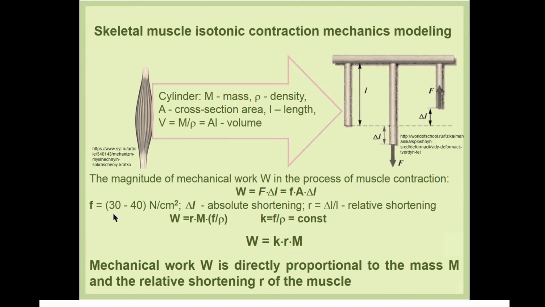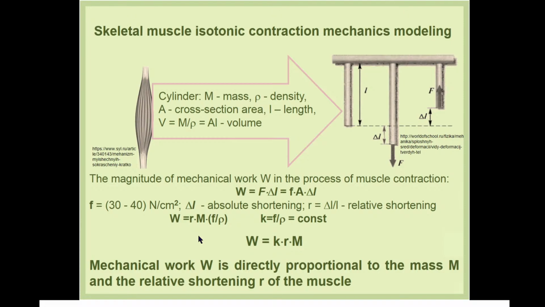It is actually a physiological constant for all skeletal muscles that are at normal condition. And this F equals 30 up to 40 newtons per centimeter squared. So it is a constant, as well as the density of the skeletal muscle tissue.